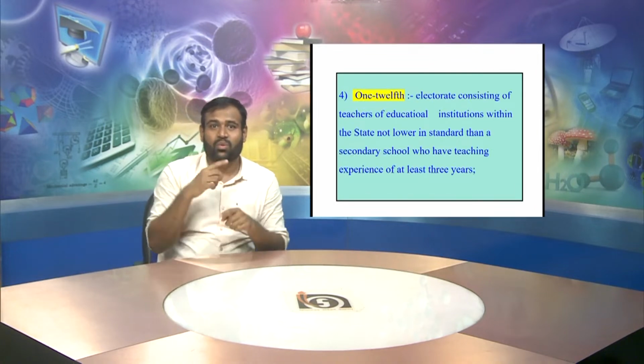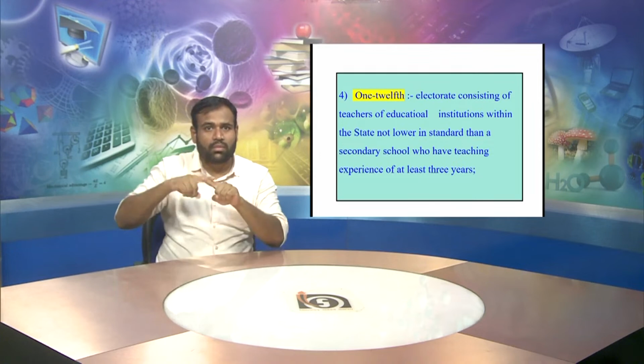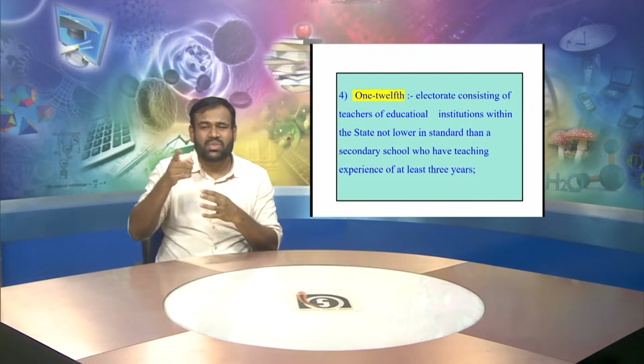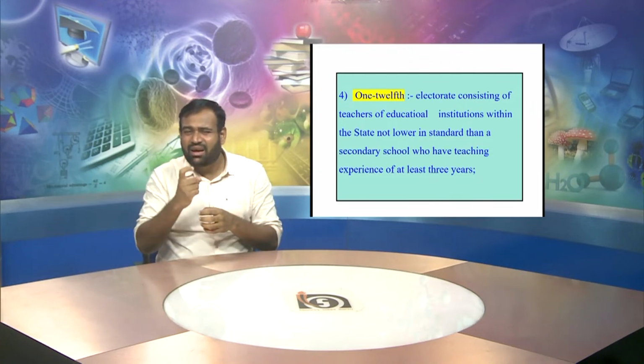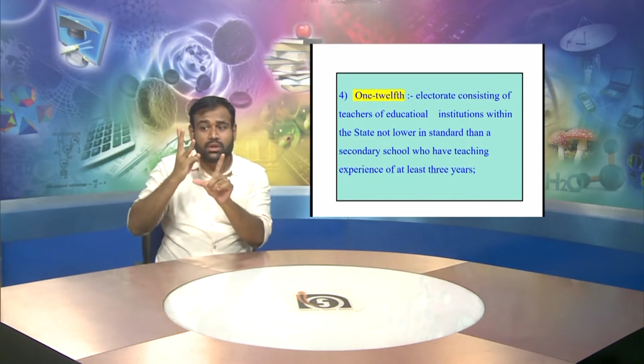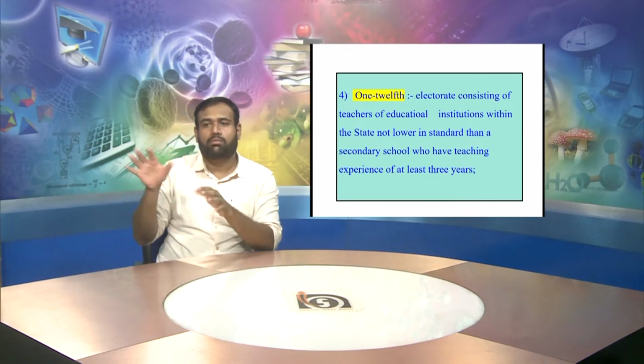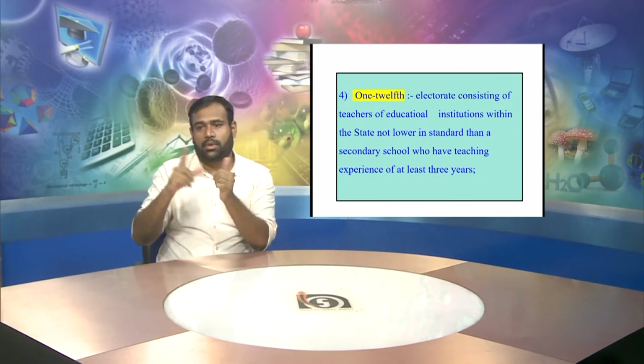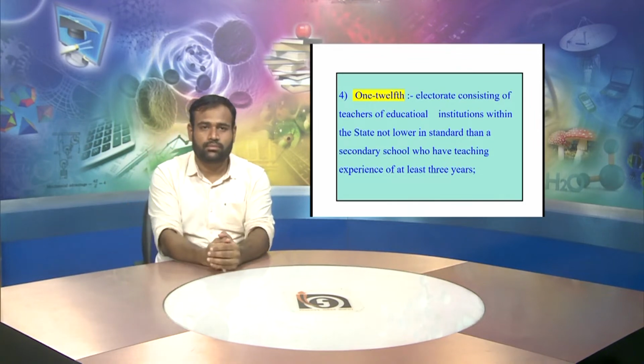The fourth one is the 1/12 electorate consisting of teachers of educational institutions within the state, not lower in standard than a secondary school, who have teaching experience of at least 3 years.